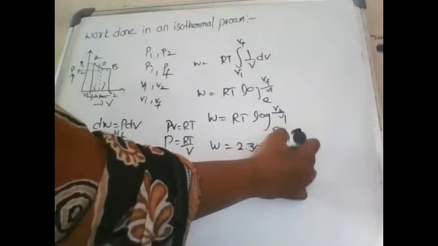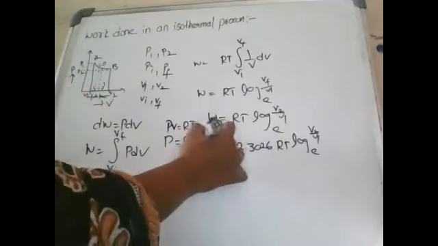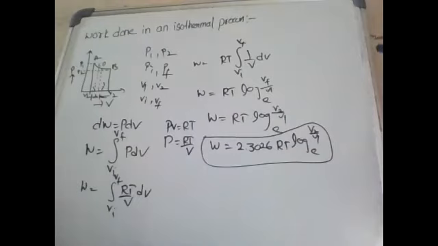So 2.3026 into RT log V2 by V1 base 10. So this is the work done in an isothermal process. What is the work done in an isothermal process? W equal to RT log V2 by V1 base e, or W equal to 2.3026 RT log V2 by V1 base 10. This is the work done in an isothermal process.